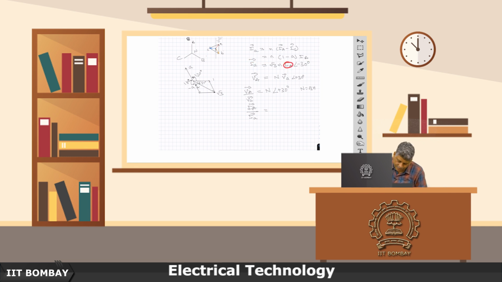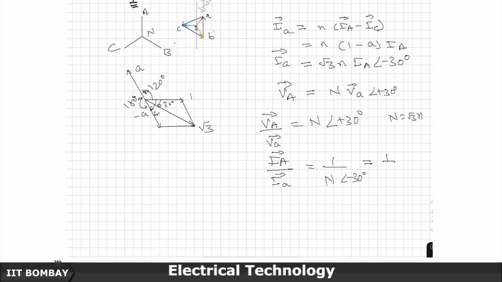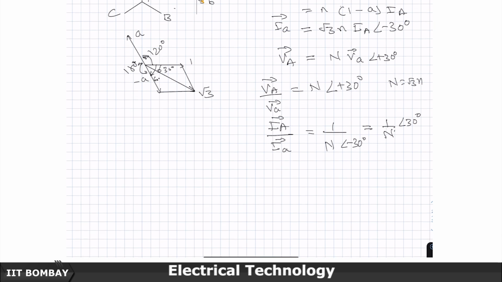So IA divided by this, so root 3 n whole of this has to be taken in the denominator here. So I get 1 by root 3 n, or in other words I can write this as capital N angle minus 30 degrees, or in other words I get 1 by n angle 30 degrees.